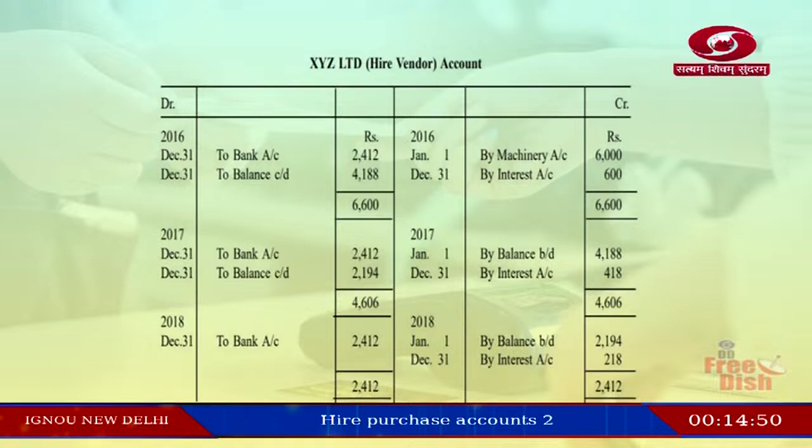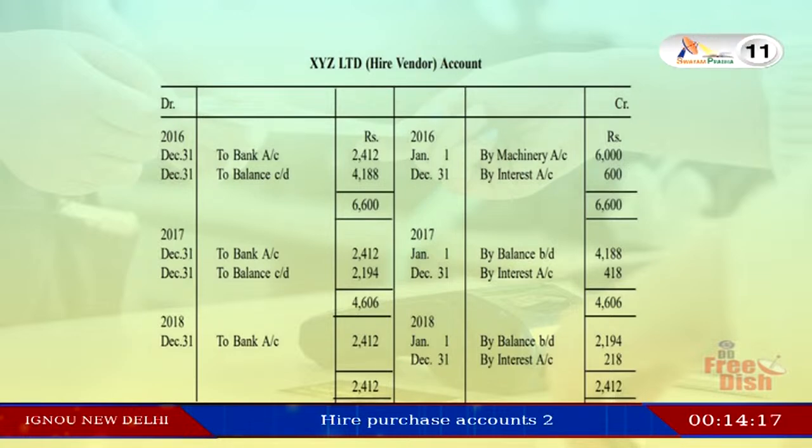And here at the end of the first year, to balance carried down, the difference between the credit side and debit side, 4188. So total is 6600. Now in the beginning of the next year, by balance b/d 4188, and interest 418 rupees, total is 4606.